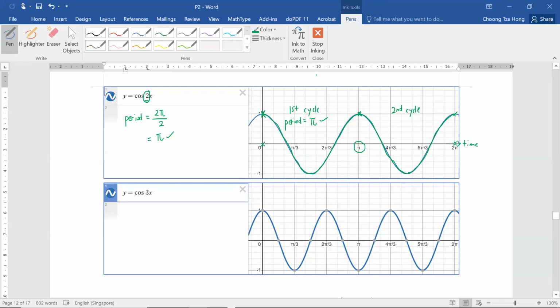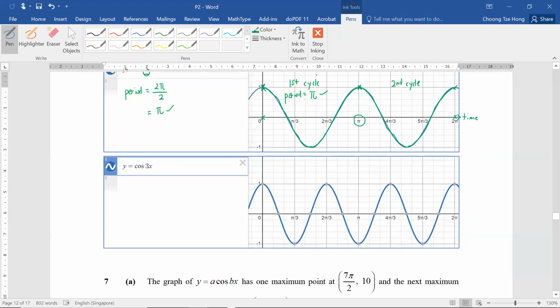Let's take a look at the second one, y equals cosine 3x. Using the same logic as above, if you want to calculate the period, we take 2 pi divided by the number in front of x. The number in front of x for this second graph is 3, so we divide by 3 and get the period to be 2 pi over 3.